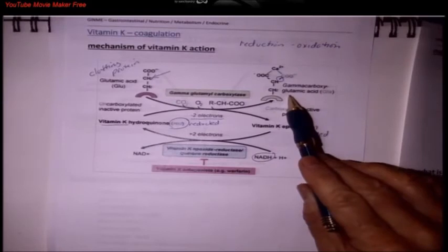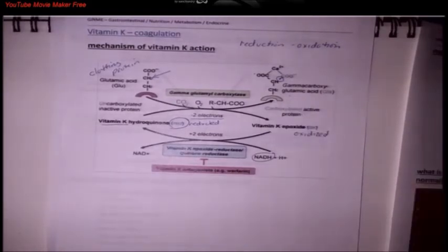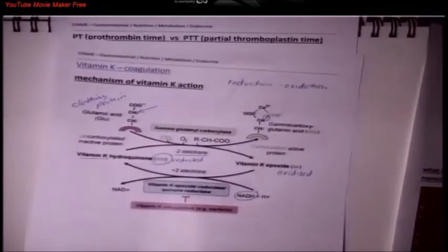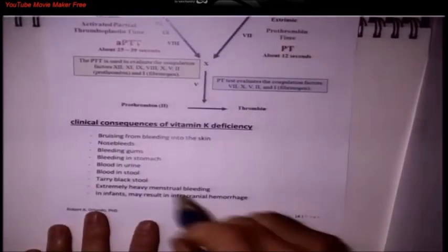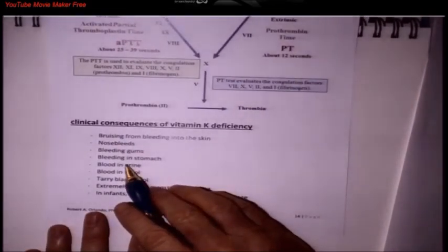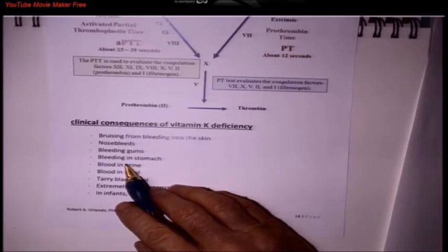If that decreases, you become impaired in generating your clotting cascade. If that becomes compromised, that's going to lead to bleeding. So vitamin K deficiency by this mechanism increases bleeding by increasing clotting time. Okay?